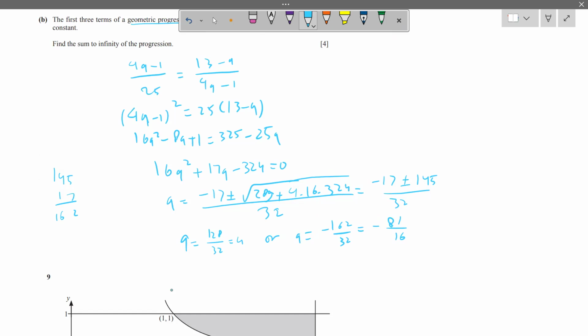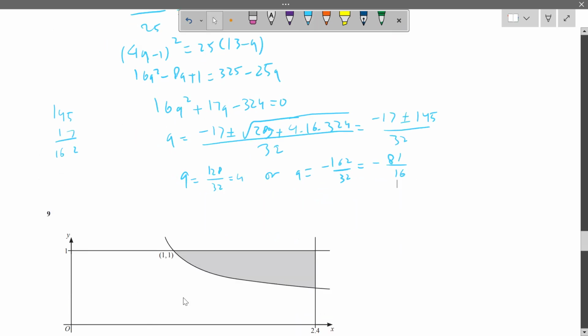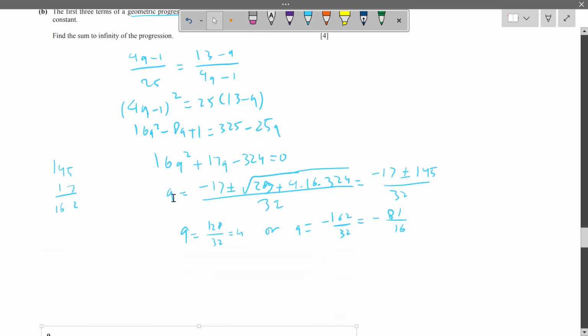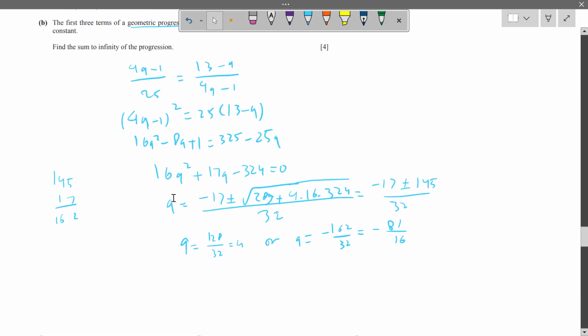Now, because we want to find the sum to infinity, this progression should be a converging progression, meaning its ratio should lie between minus 1 and 1, not including the endpoints.